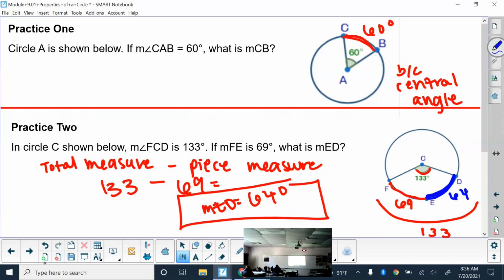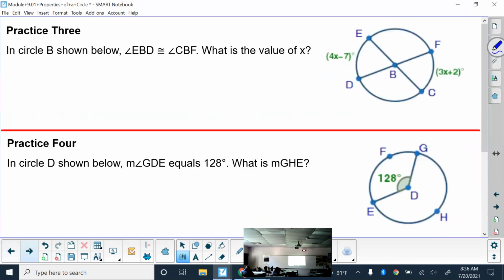All right, practice 3. So circle B is shown. We are told that angle EBD is congruent to angle CBF, so this angle. What's the value of x? Knowing that the central angles are congruent, what do we know about these arcs? They're going to be congruent because the angles are congruent.